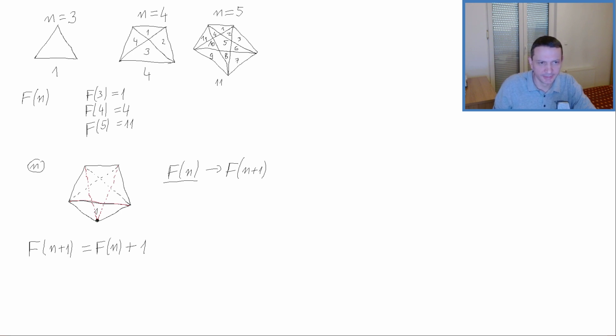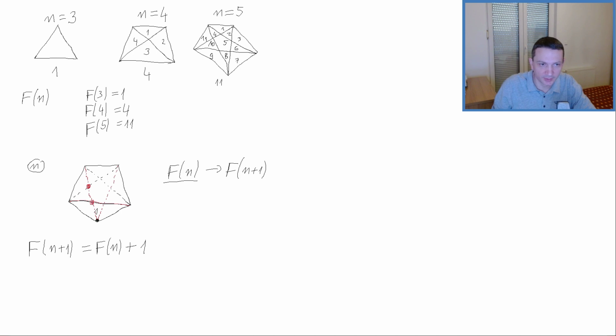I shall need to calculate for each new diagonal how many points of intersection I have with previous diagonals.